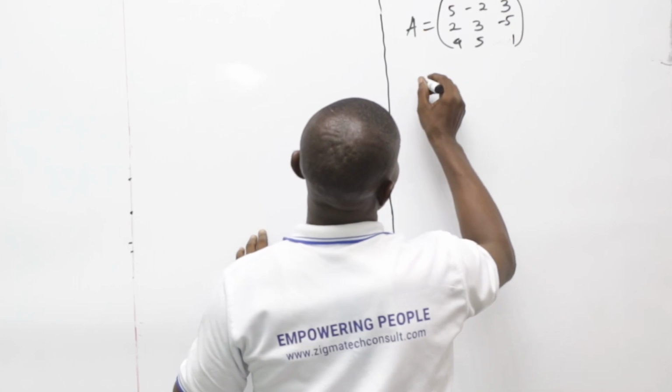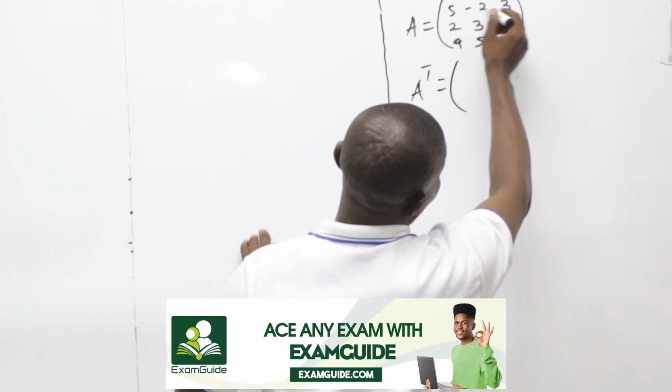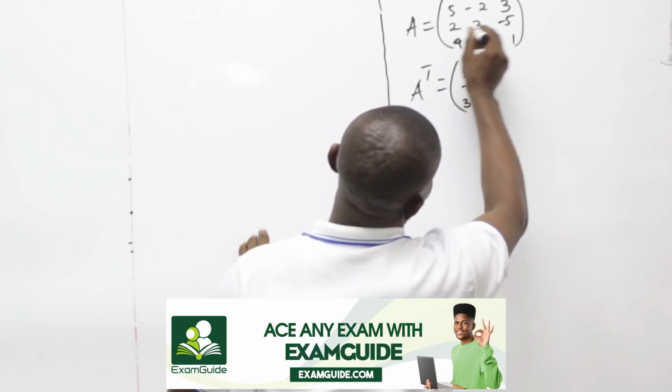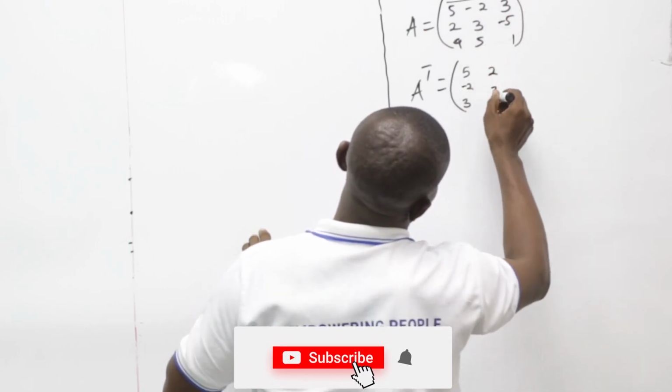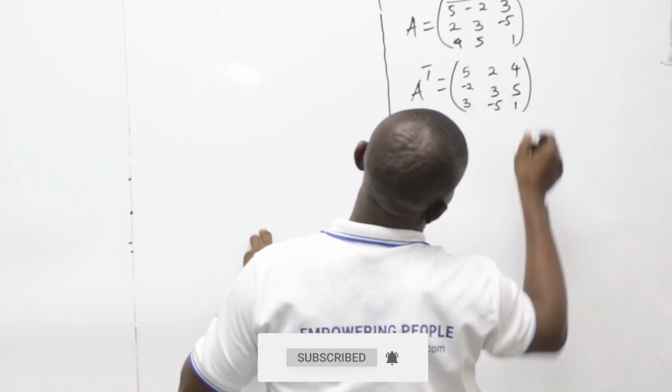A power T, that is transpose, horizontal into vertical: 2, 3, minus 5, then 4, 5, 1.